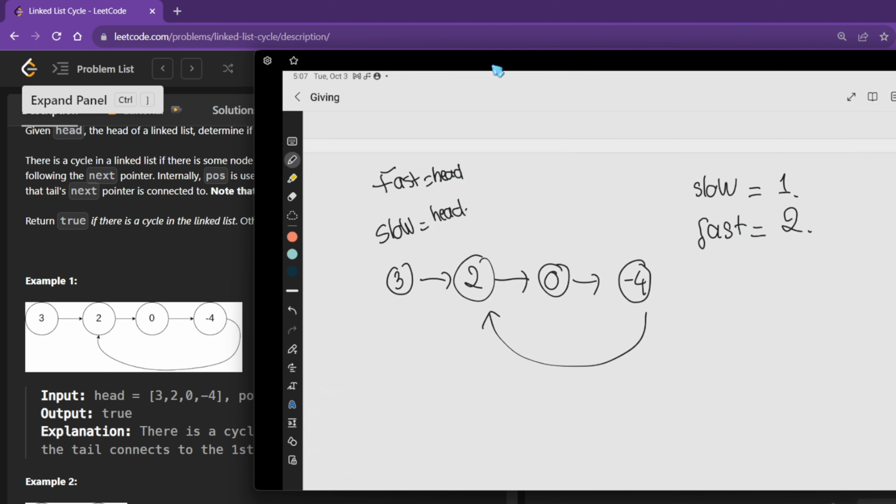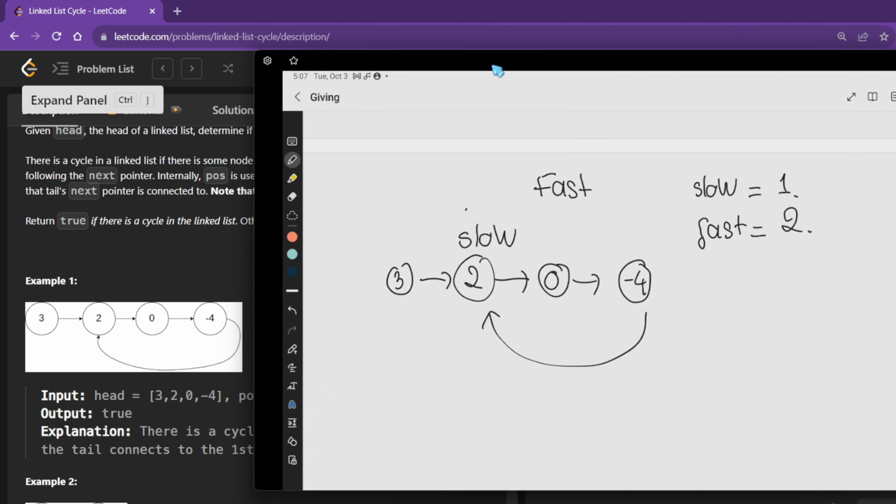So when the slow pointer is at 2, we move slowly, and the fast pointer, because it moves two points, will be ahead. Okay, so this is at time number 1.